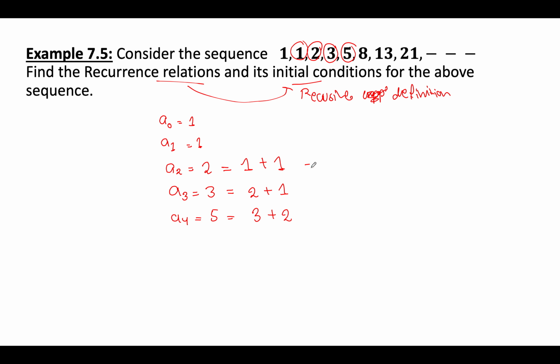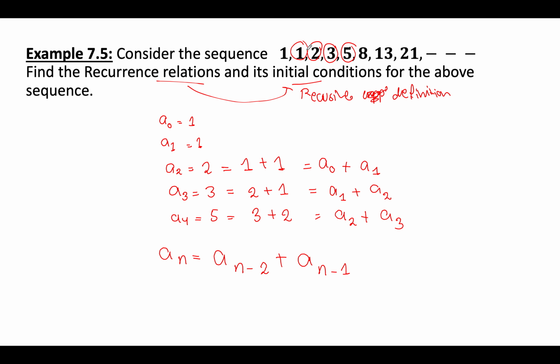Now from here we can see that a_2 is equal to a_0 plus a_1. And here we got that a_3 is equal to a_1 plus a_2. a_4 is equal to a_2 plus a_3. So from here we can see that a_n is equal to a_(n-2) plus a_(n-1).